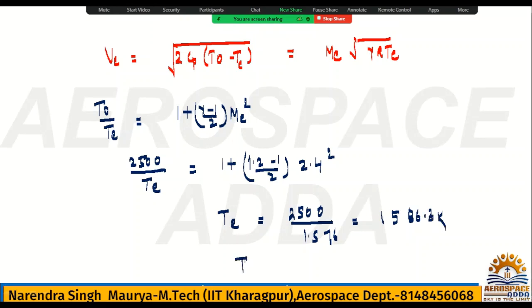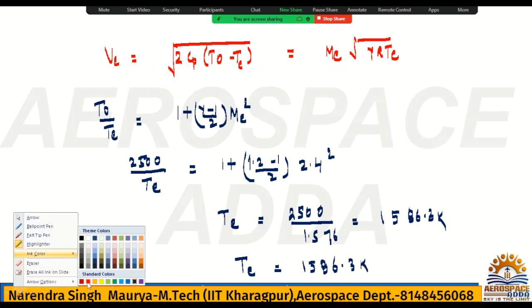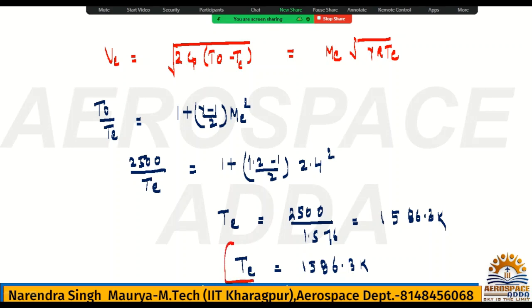This is the value of TE. Cross check this value. So this is the value of TE, which is nothing but the exit temperature.